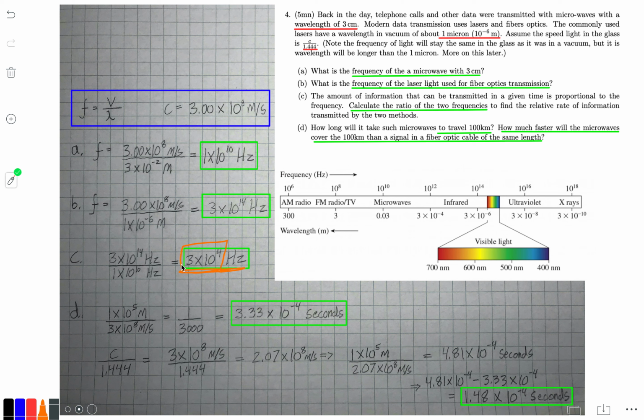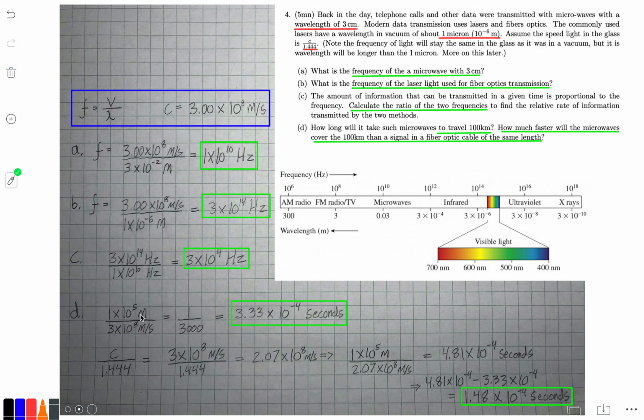If we go to D here, we're asked to see how long it would take a microwave to travel 100 kilometers, which right here is our equation from above, just rearranged. The difference here is that we're taking the distance over the velocity.